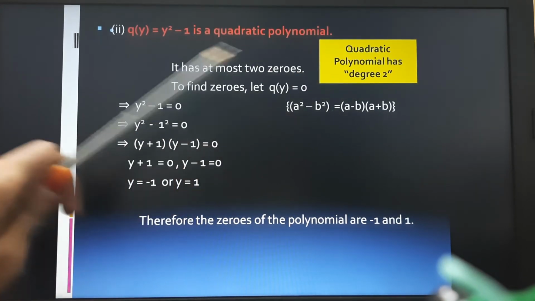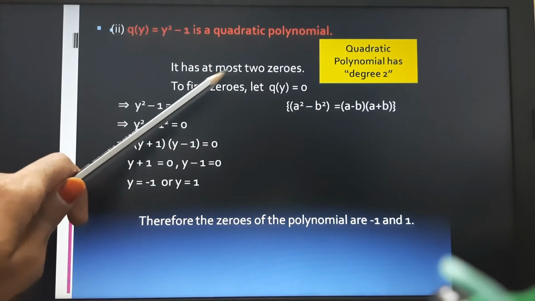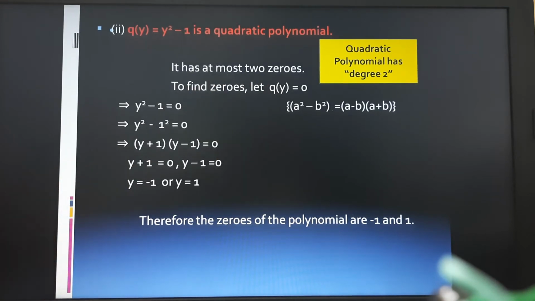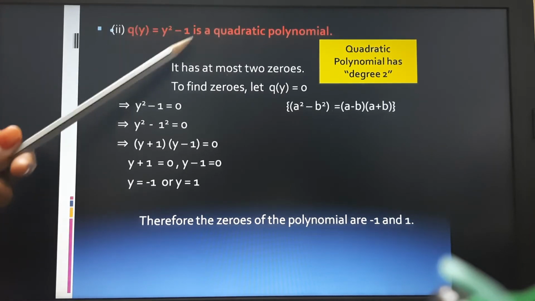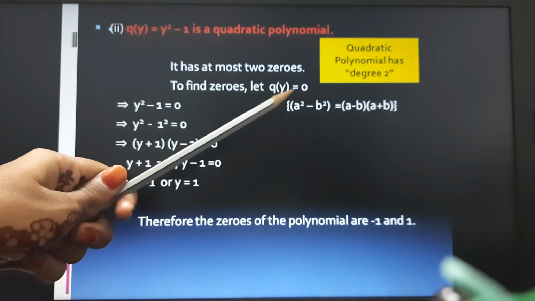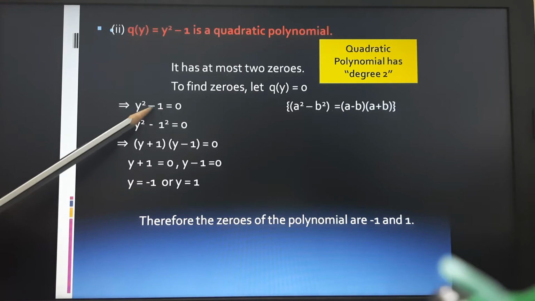And you know that for a quadratic polynomial, we will have at most 2 zeros, right? To find zeros, as we have done in the previous problem, we will just equate this given polynomial to 0. q of y equals to 0, right? y square minus 1 is equals to 0.